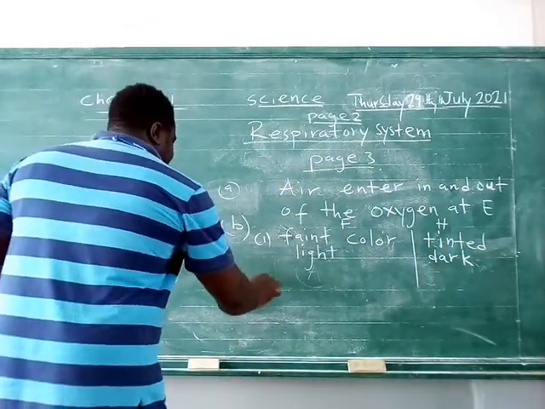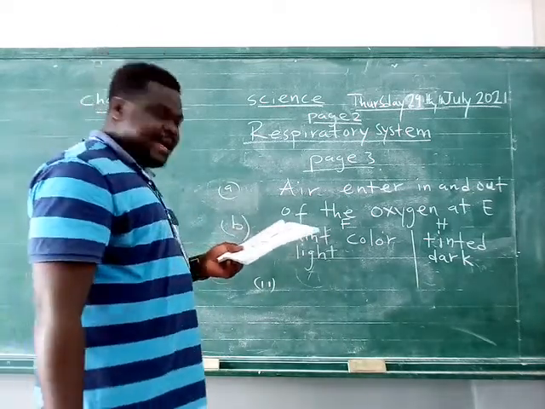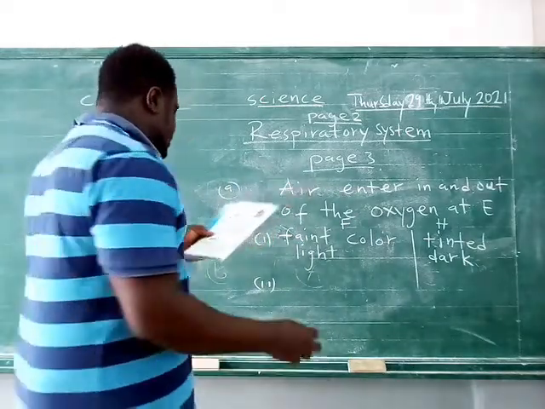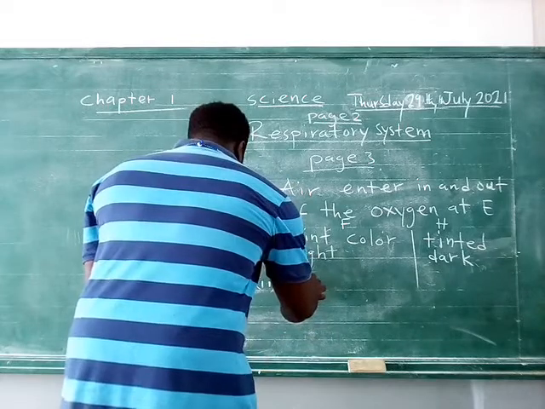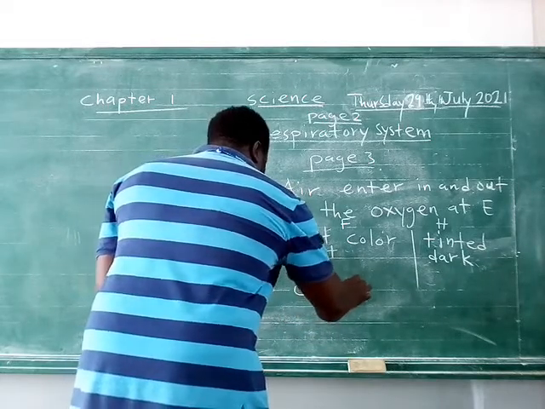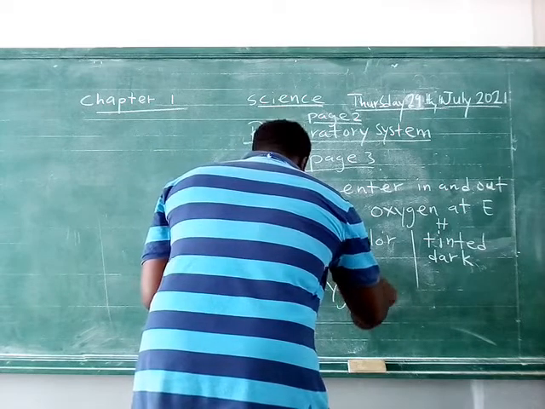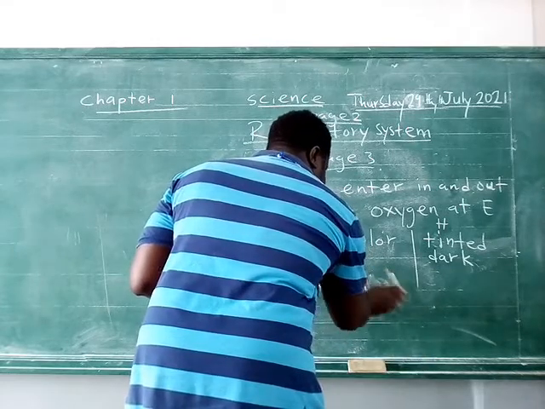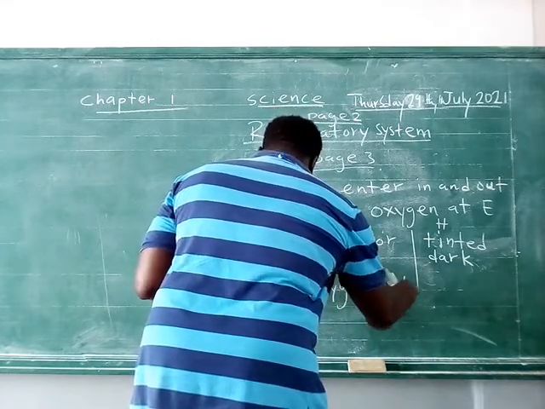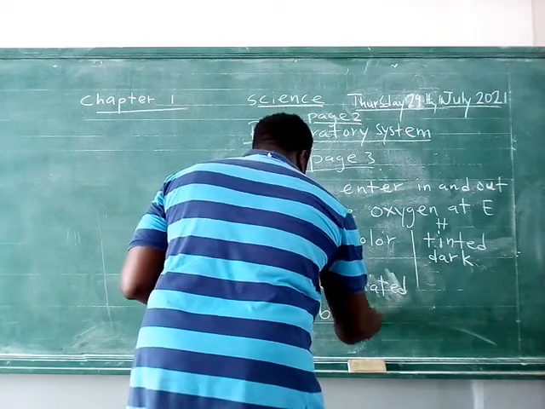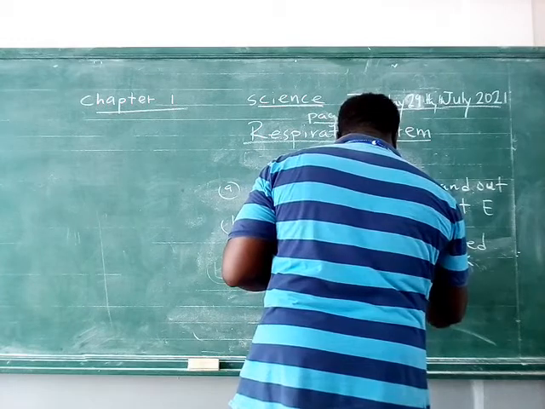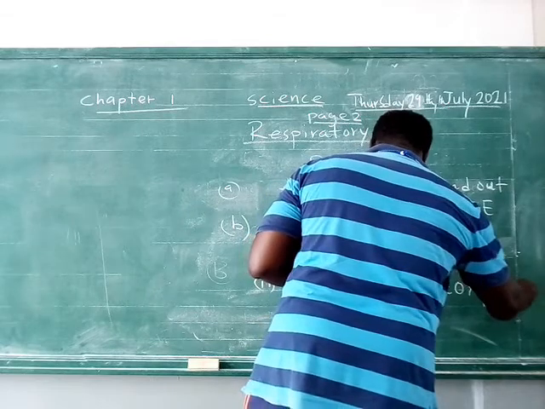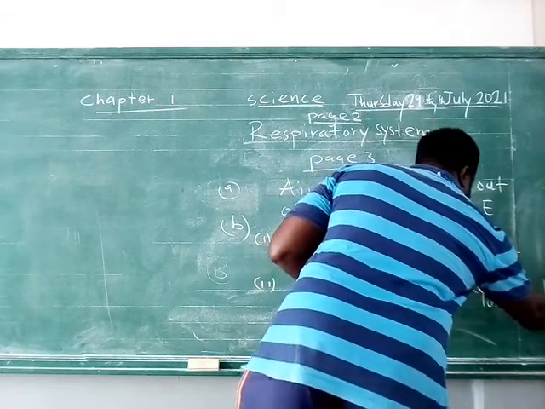And this is I. Oxygen concentration. F and H is oxygenated blood.